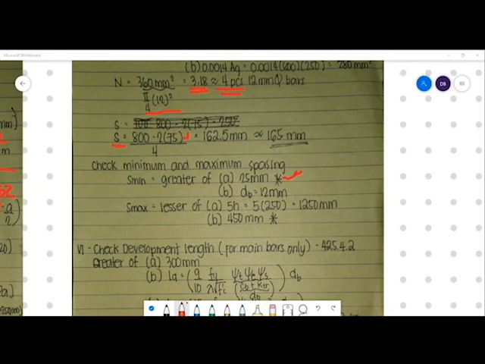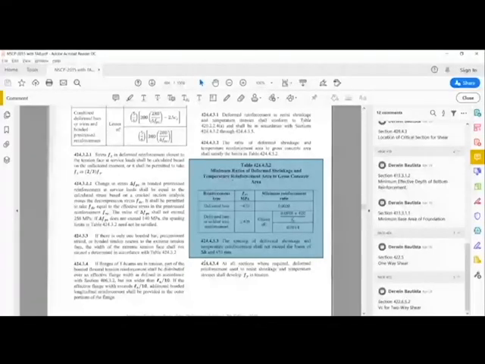Okay, so here it is again. The spacing for deformed shrinkage and temperature reinforcement shall not exceed the lesser of 5h and 450 millimeter.